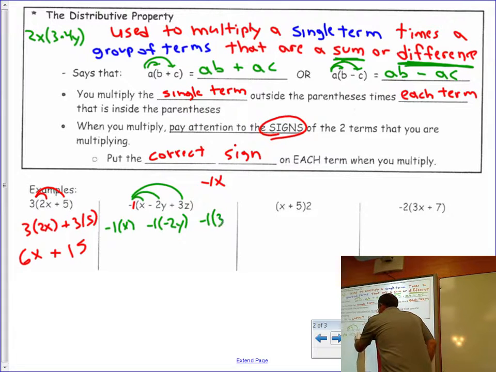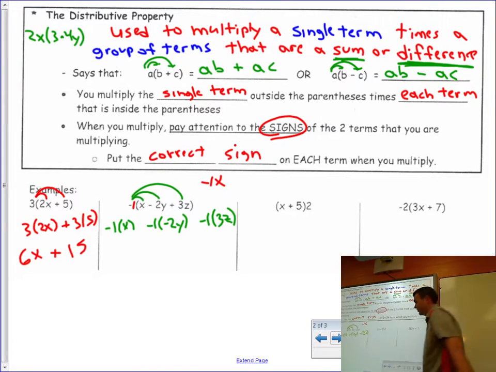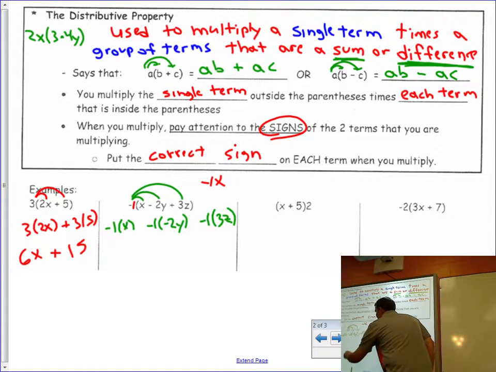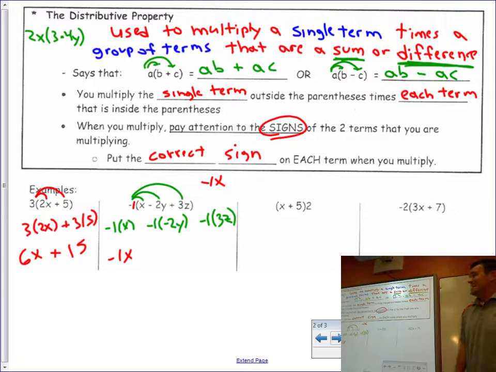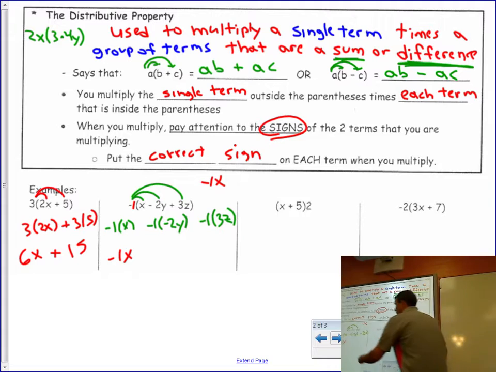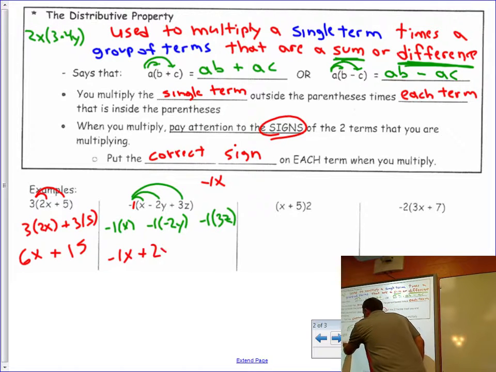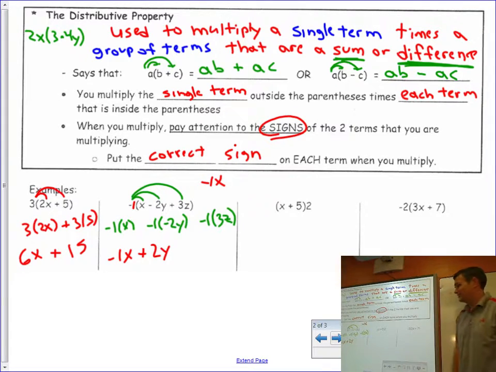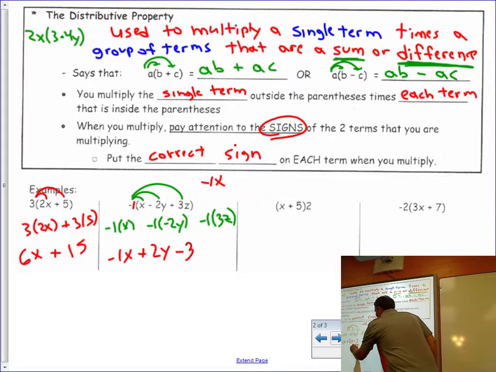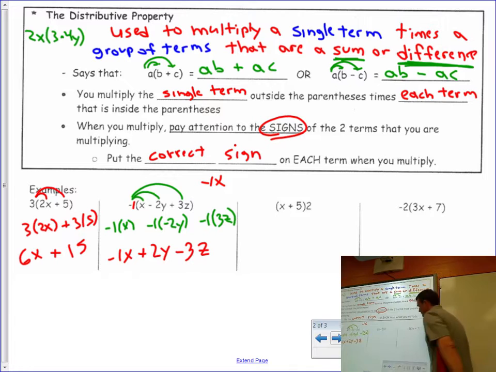And negative one times z. The 3z is positive. So when I go ahead and multiply these, I end up with negative 1 times x is negative 1x. Negative 1 times negative 2 is positive 2 with a y on it. Positive 2y. And negative 1 times 3 is negative 3 with a z on it.